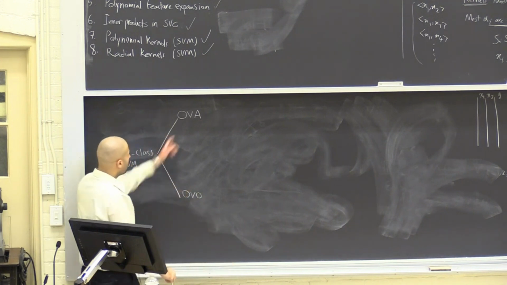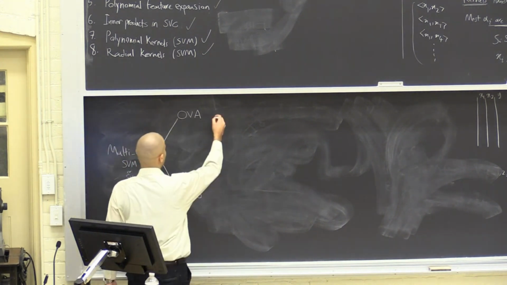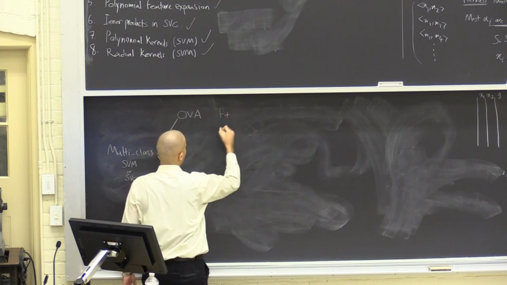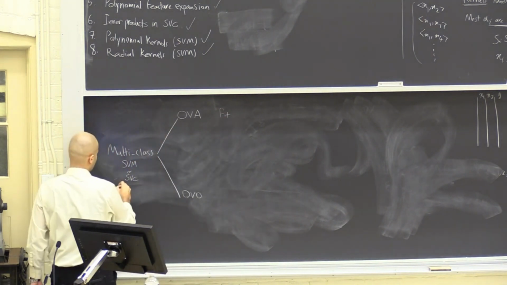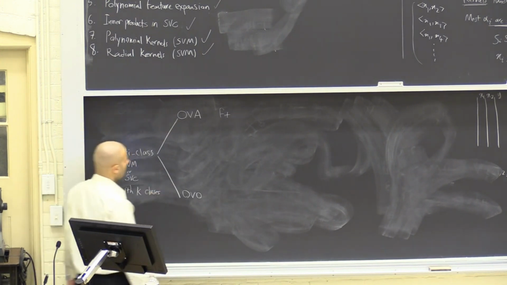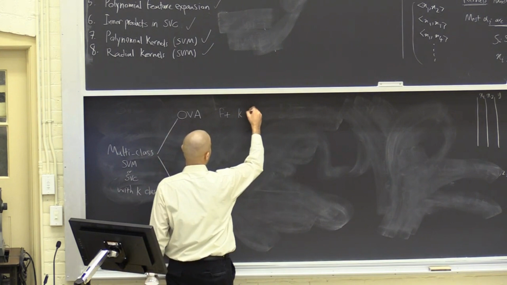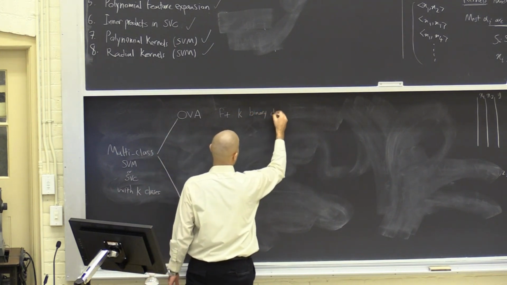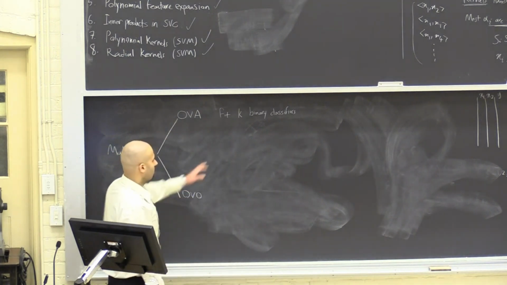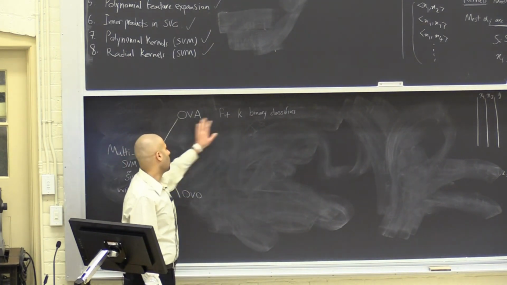Yeah. So with one versus all, what we need to do is, let's say for multi-class classification with k classes, we need to fit k binary classifiers. Each of these binary classifiers would be one versus all.